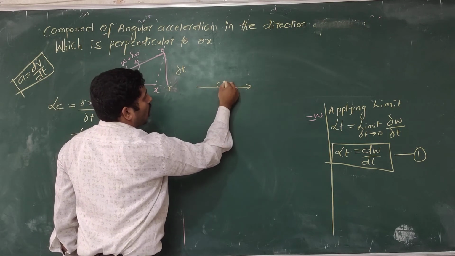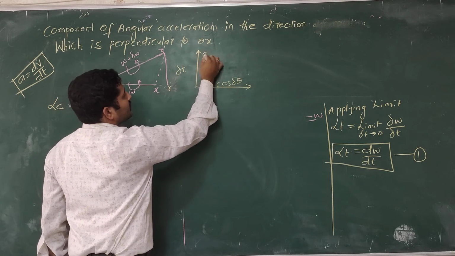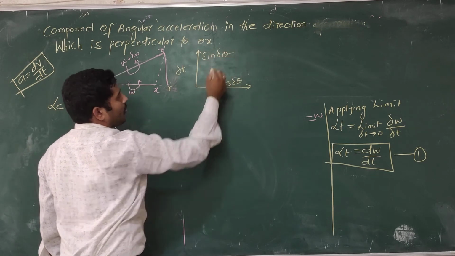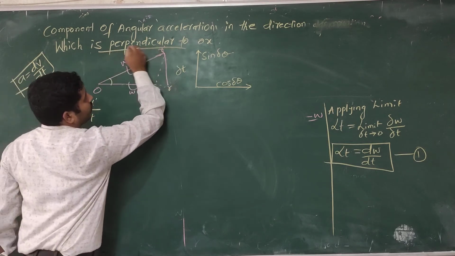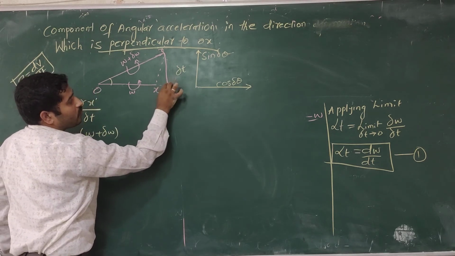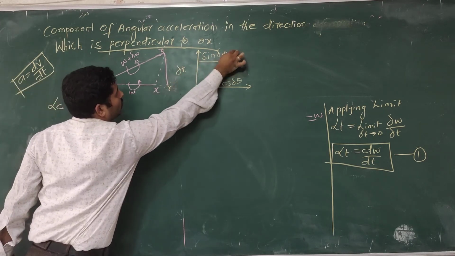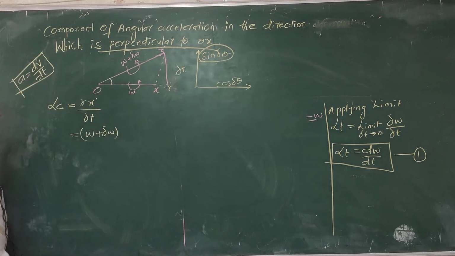One is cos delta theta, and vertical, meaning perpendicular, is sin delta theta. We have to represent, we are moving in which direction? Perpendicular to the OX. So perpendicular to OX here would be sin delta theta.